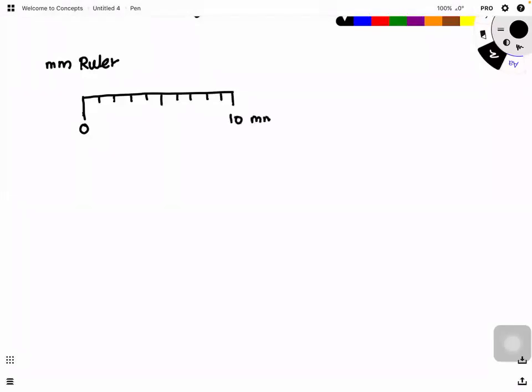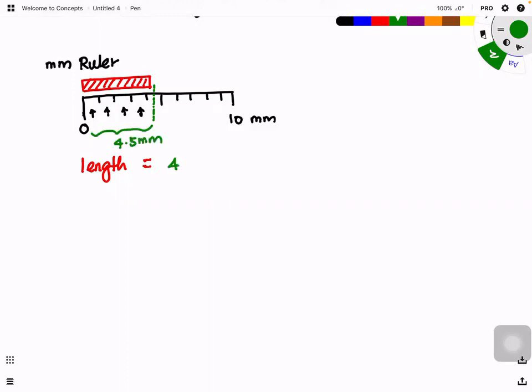If I have an object that I want to measure, let's say until here, what is the length? This millimeter ruler allows us to read 1 unit, 2 units, 3 mm, 4 mm, but I can read up to half of the divisions. So I can read it as 4.5 millimeter. This is the sensitivity of my millimeter ruler.